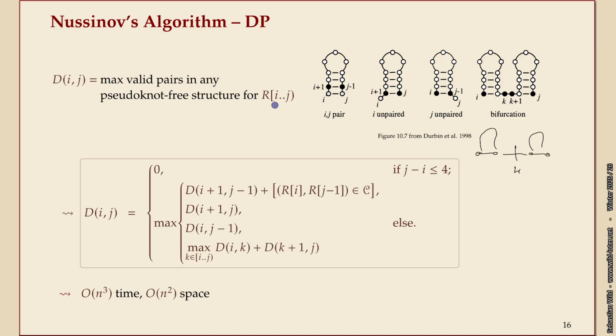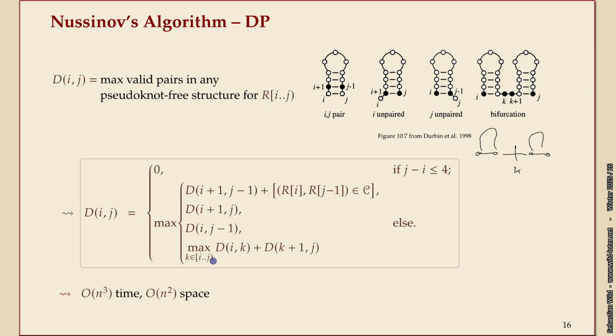But to be consistent with the rest of the module, I used here R_i inclusive, j exclusive. So this is the pair we would want to make, between R_i and R_{j-1}. I can add another pair if these are in the canonical base pairs, one of the 6 allowed combinations. Otherwise, no. Then I go to the recursively computed structure between those. And for this bifurcation part, I have a maximization over all possible cut points.